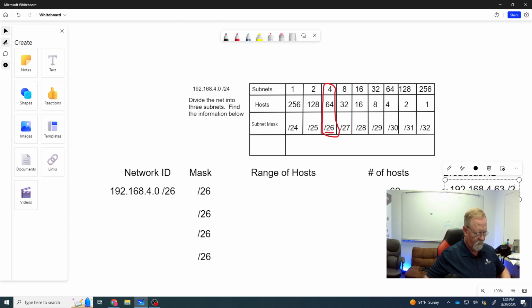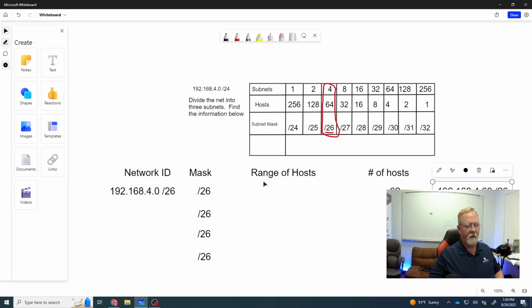That's going to be a /26. All right. Now, we figured out the range. From this, we know that it can't be lower than that and it can't be greater than that. So it's going to have to be between there. The next one after .4.0 is going to be .4.1. And then the one right before .63 is going to be .62.